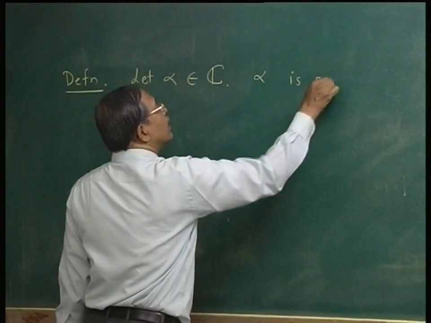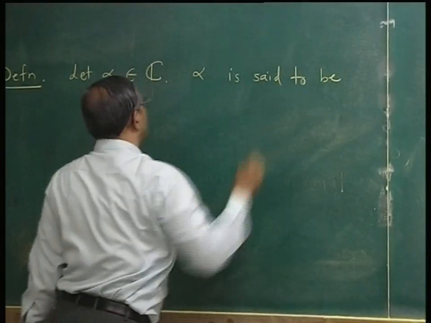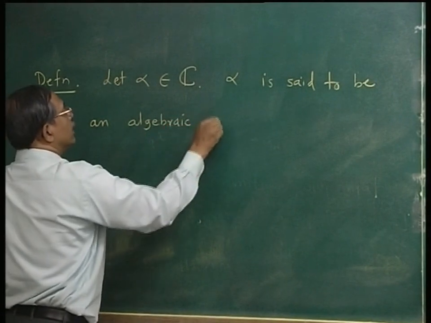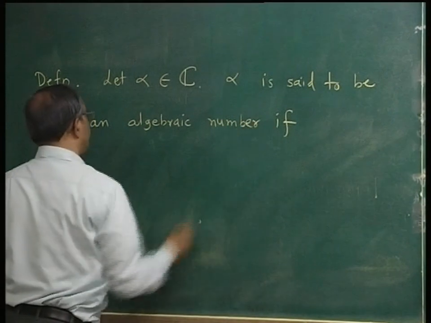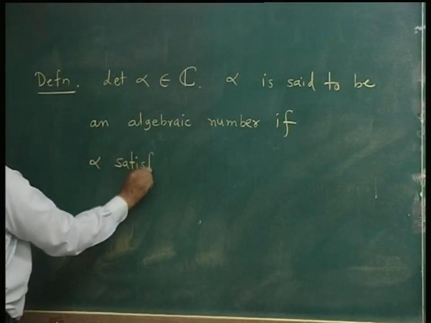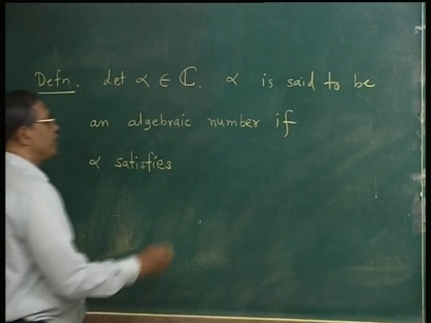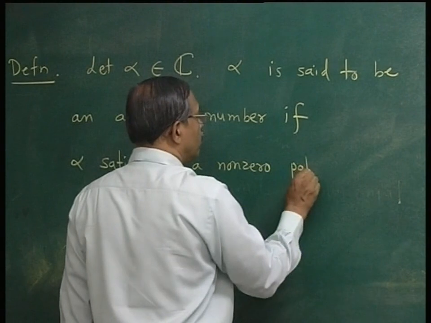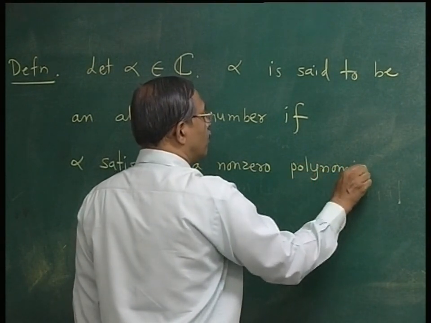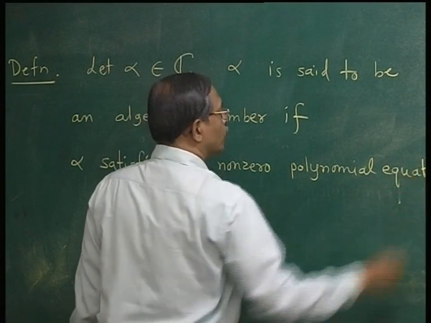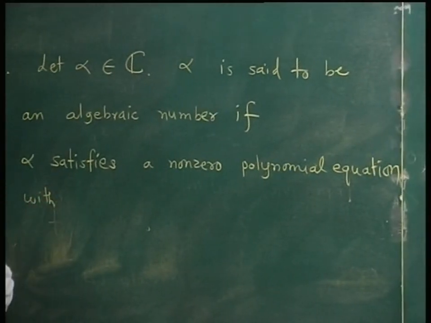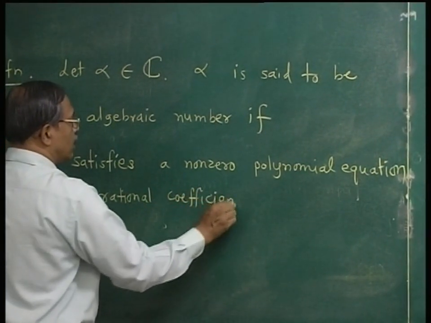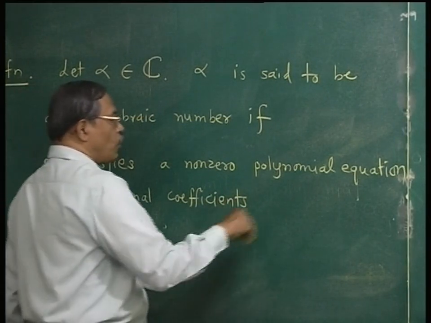Alpha is said to be an algebraic number if alpha satisfies a non-zero polynomial equation with rational coefficients, or equivalently with integer coefficients.